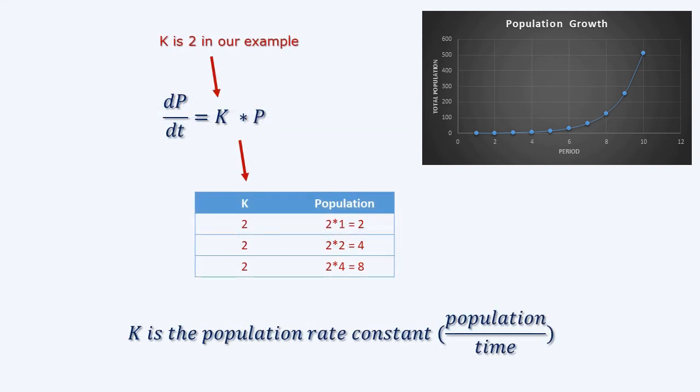For simplicity, I have replaced our population with capital letter P and replaced our time with small letter t. As you can see, this is a table of our first 3 iterations of our population growth model.